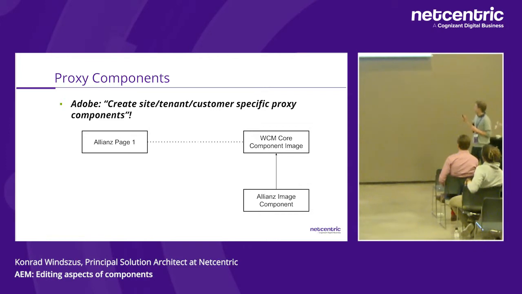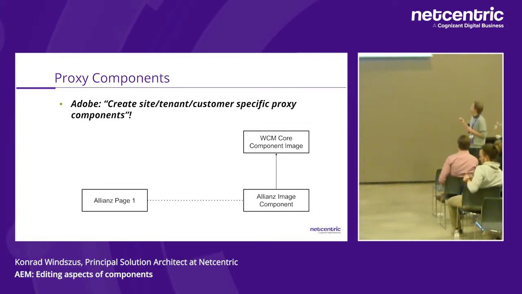It always prevents us from having to do a content migration. Basically, this connection would need to be migrated. So all the pages leveraging the old component would need to be touched to change the resource type to point to this one here. So this is a breaking change, and we want to prevent that.